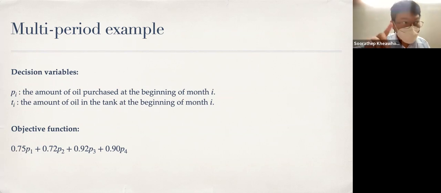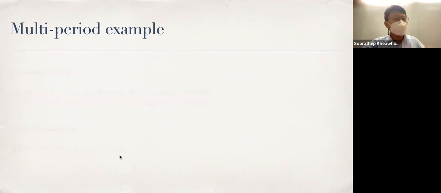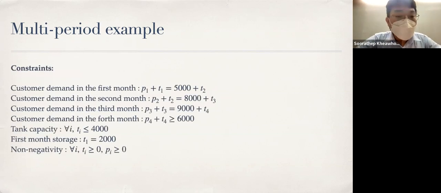For the first month, we are going to buy P1, so the total cost of purchasing oil in the first month becomes 0.75 P1. Straightforward. And the second term is the cost of purchasing oil in the second month, and then the third month and fourth month. Very simple, right?